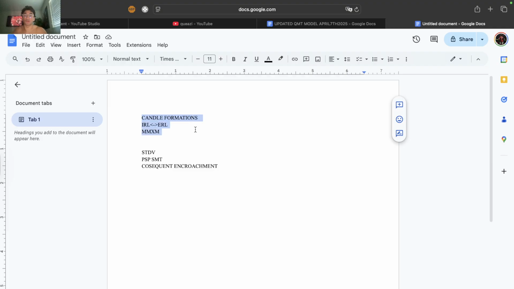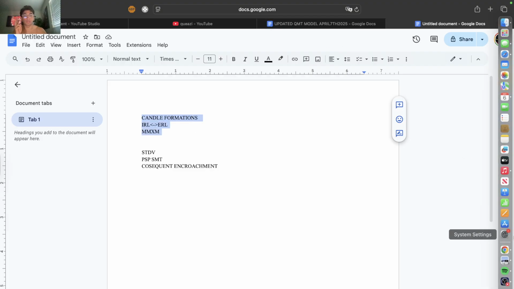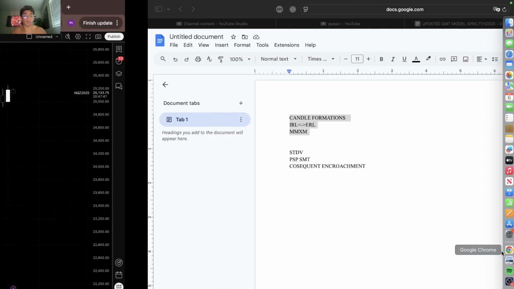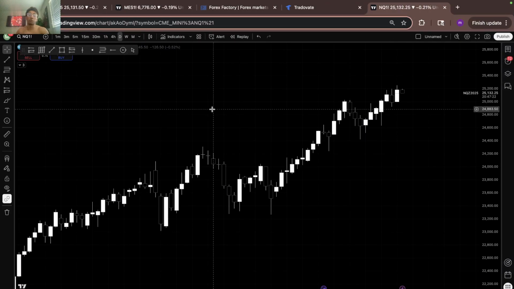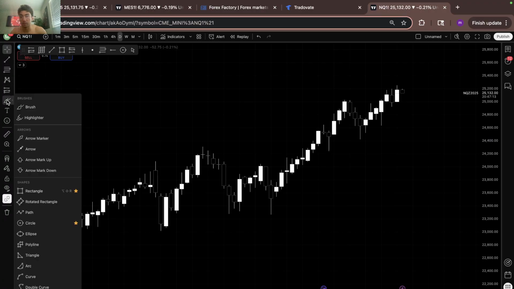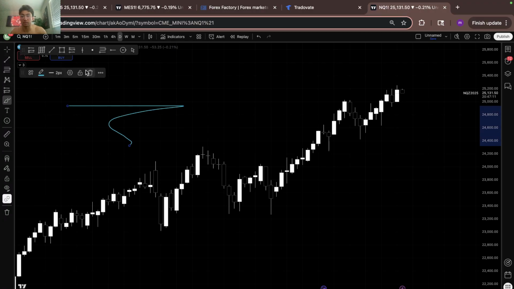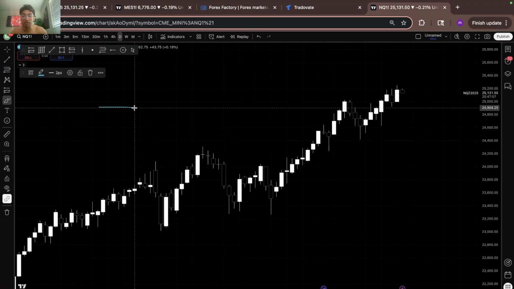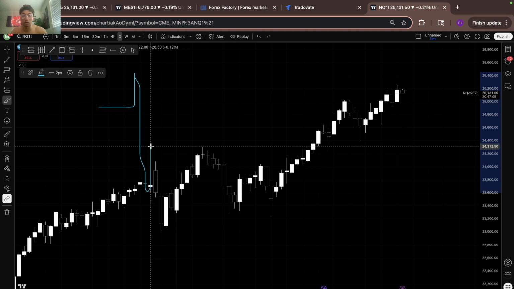So we're going to first start with candle formations. Now there's two types of candle formations. The first one is an open, high, low, close. And then the second one, we get a reversal based off of what the bias is. So the first one is, as I said, an open, high, low, close, right?